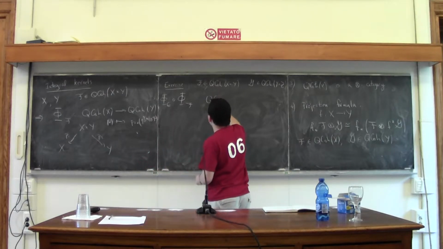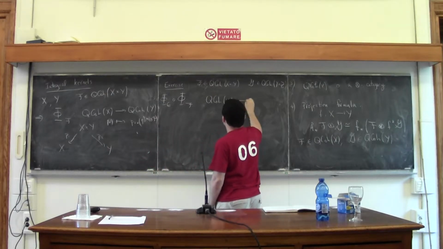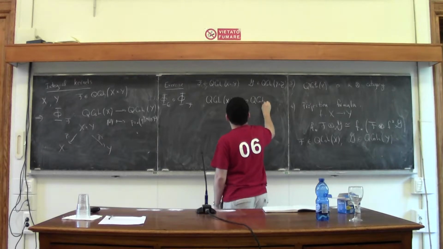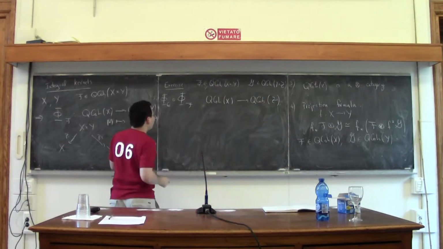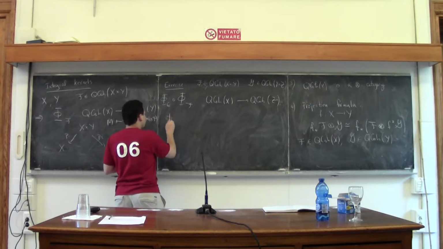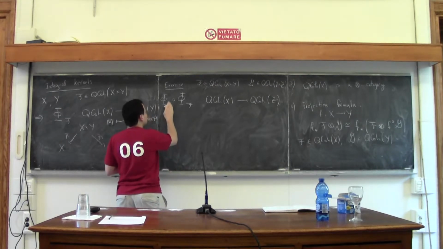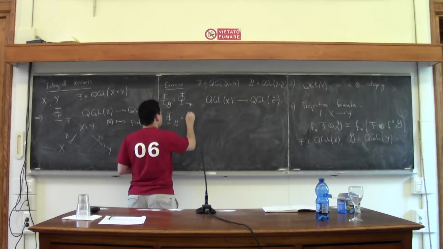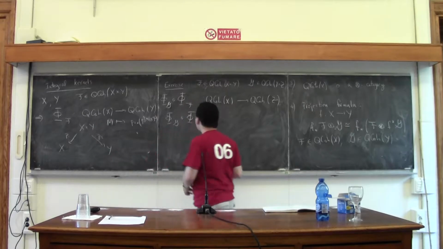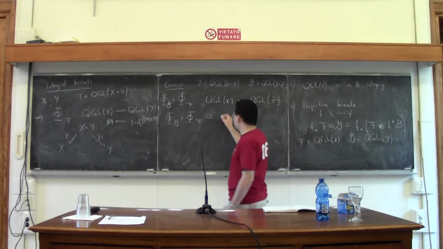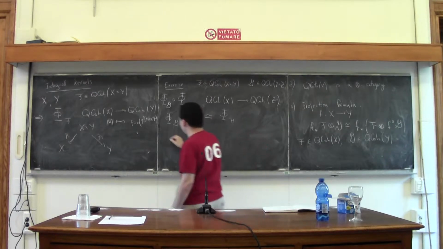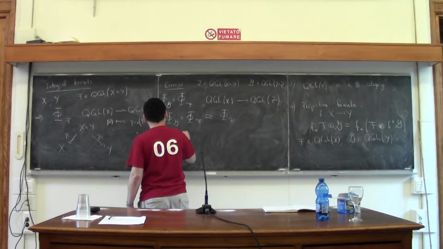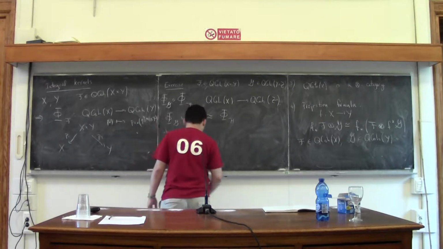This gives a functor from sheaves on X to sheaves on Z. The exercise is that this itself is given by an integral kernel. Let me call it H, where H is the following guy.